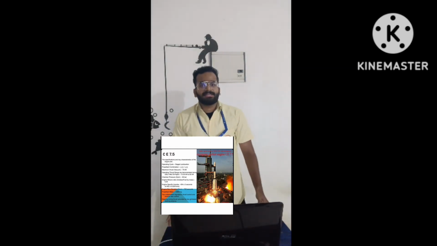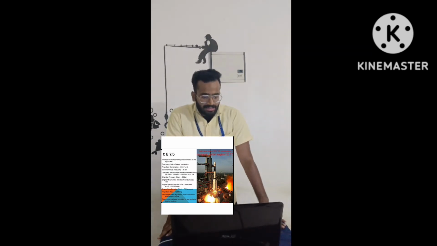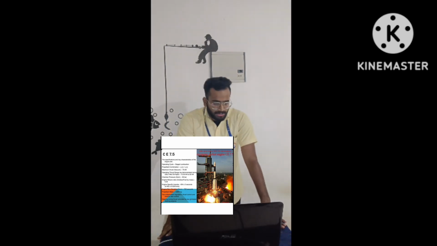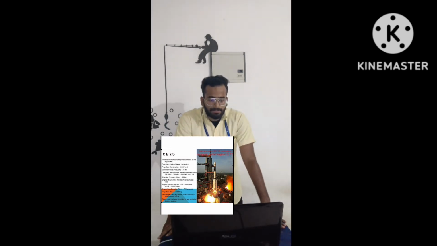Let's discuss the specifications and characteristics of this engine. It is a staged combustion operating cycle. The propellant combination is liquid hydrogen and liquid oxygen. Maximum thrust is 75 kilonewton, and the operating thrust range is 73.55 kilonewton to 82 kilonewton.